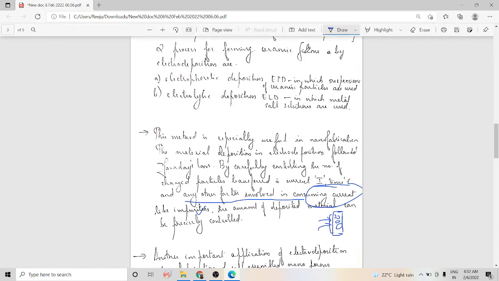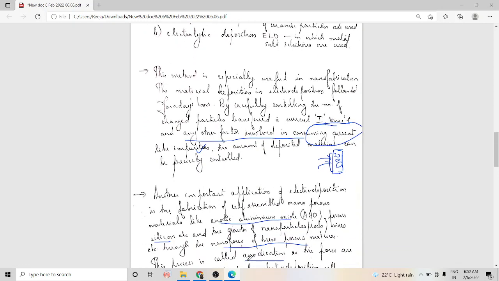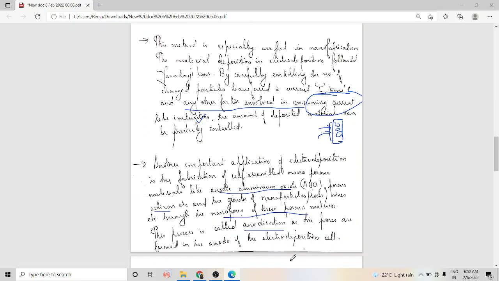Electrodeposition is also used for ceramic synthesis, that is, it is used for forming ceramic films. Here, two processes can be followed. One is electrophoretic deposition, in which suspensions of ceramic particles are used, and the other is electrolytic deposition, in which metal salt solutions are used. Another important application of electrodeposition is anodization. Anodization means forming nanopores in the anodes.